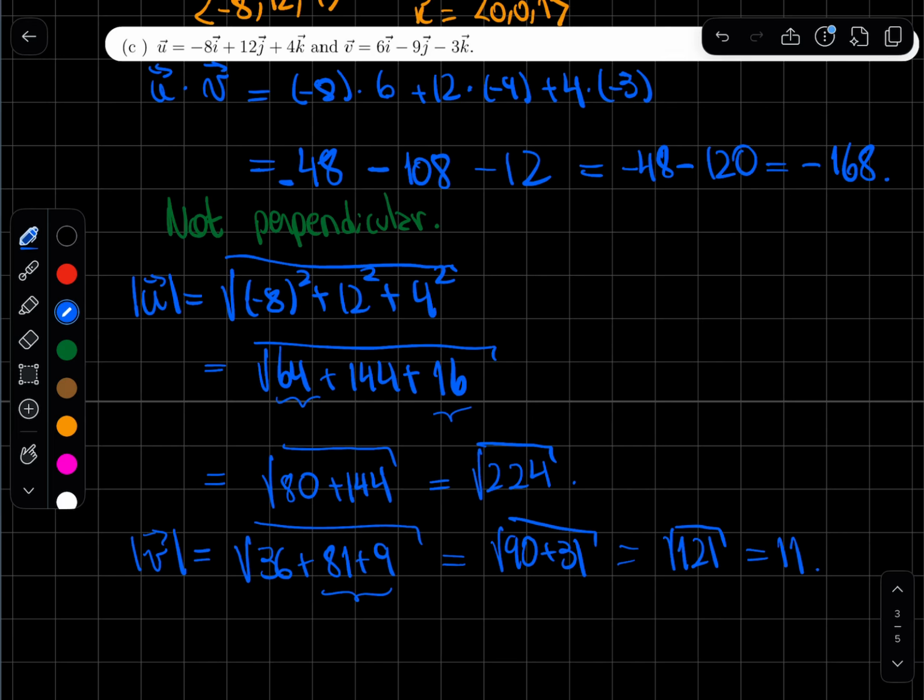Maybe 18 is probably too much, right? 18 squared equals 224. I think probably not. So 8 times 8 is 64, then 18 squared, so it'll be 324. Yeah, it's definitely way too much.